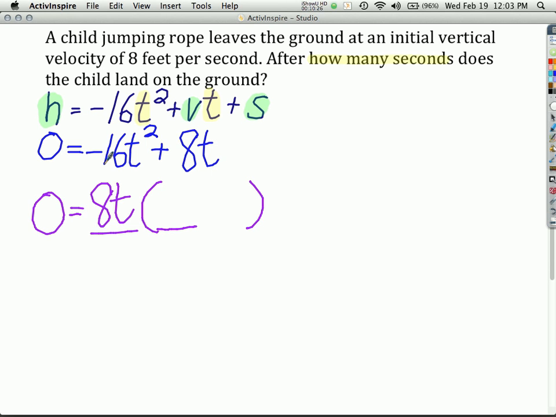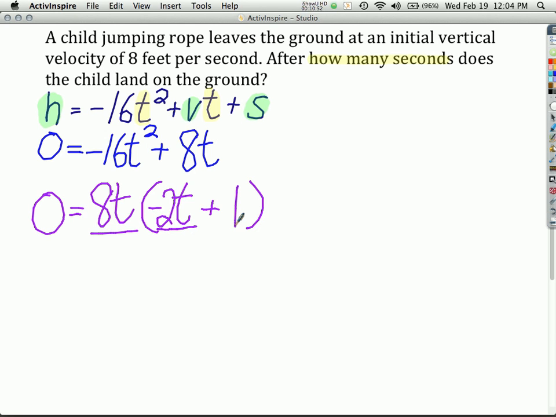Negative 2. That's right. Negative 2t. 8 times negative 2 is negative 16. T times t is t squared. 8t times what here will give me the 8t? 1. So that's the inside.